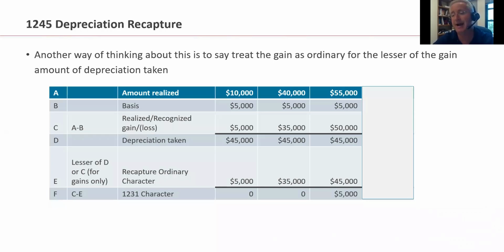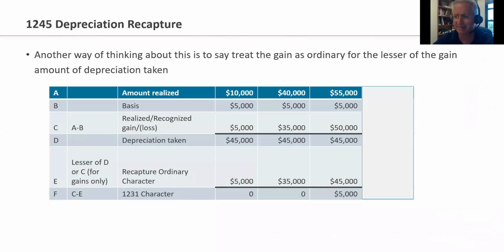Okay, let me tell you how I could have solved this problem way faster. So this depreciation recapture, what it's getting at is this arbitrage opportunity where you depreciate assets, then sell them back. You take the ordinary deduction and then you recognize the gain at capital. I get it. What it's not intended to recapture is when you buy something and it actually goes up in value.